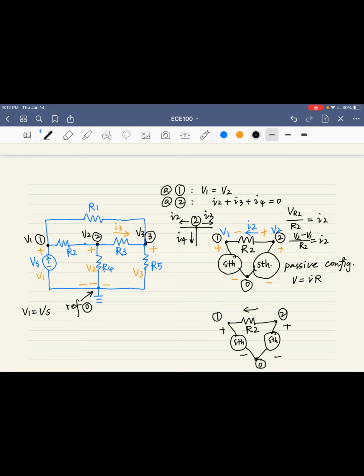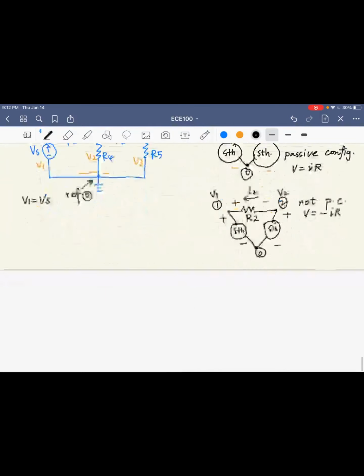See, this time, let's assign the positive polarity on the left end and the negative polarity on the right end. Right? You can see that the reference polarity is different this time, so it is not passive configuration. In this way, we should write Ohm's law as V equals minus IR, because it is not following the passive configuration.